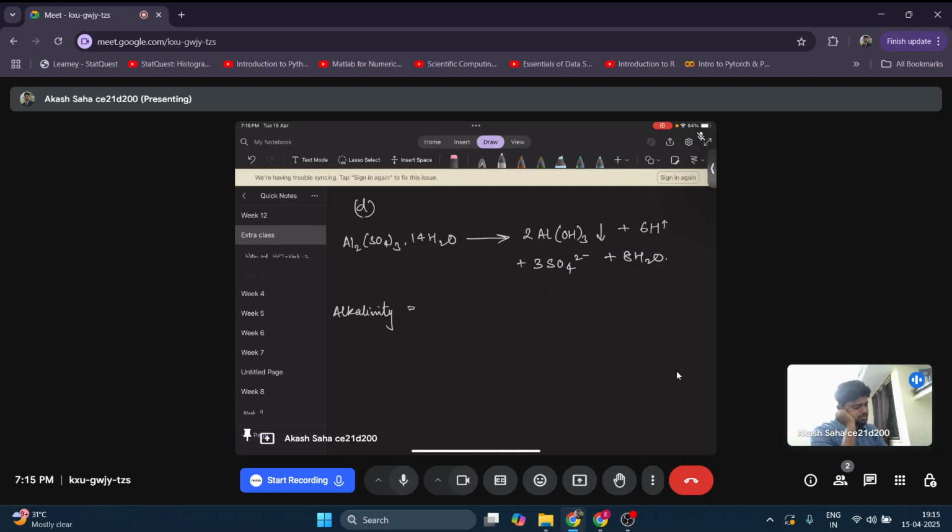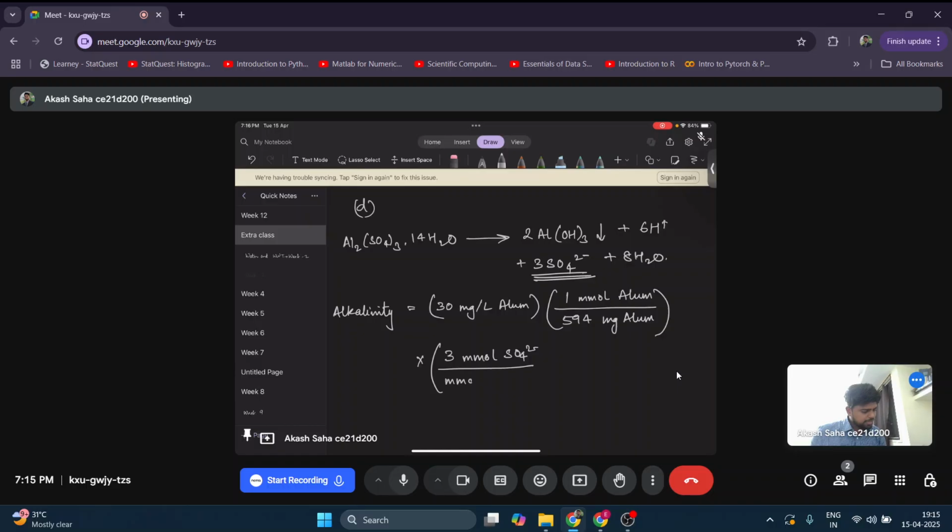So how much alum was added? It was 30 milligrams per liter of alum. 1 millimole of alum is around 594 milligrams of alum, so we divide by the molar mass. Now for alkalinity consumption we have to see how much sulfate or acid neutralizing capacity is there. It is 3 millimoles of sulfate per millimole of alum, so 3 is the coefficient.